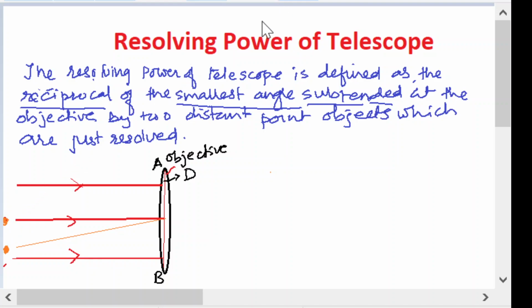Now again I'll show you three rays from the second source.